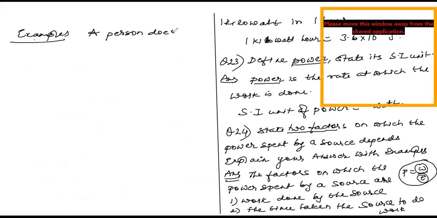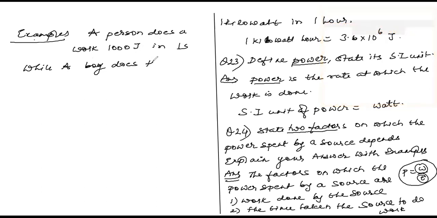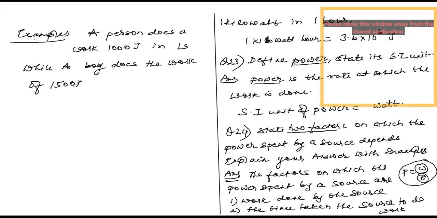Like, a person does a work of 1,000 joules in 1 second, while a boy does the work of 1,500 joules in 1 second.